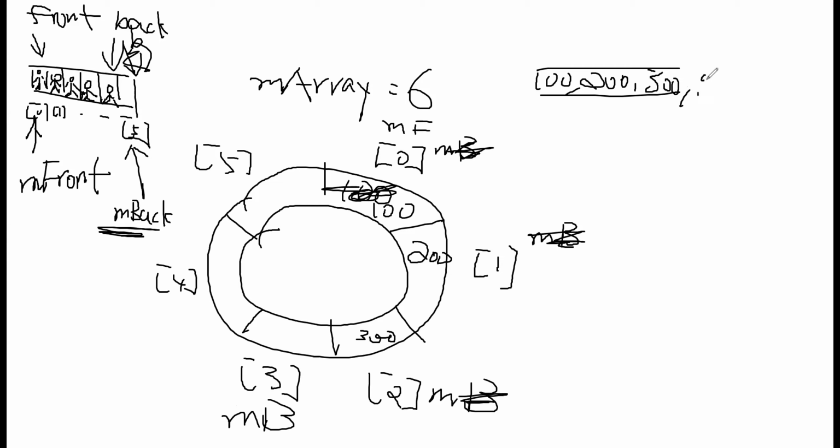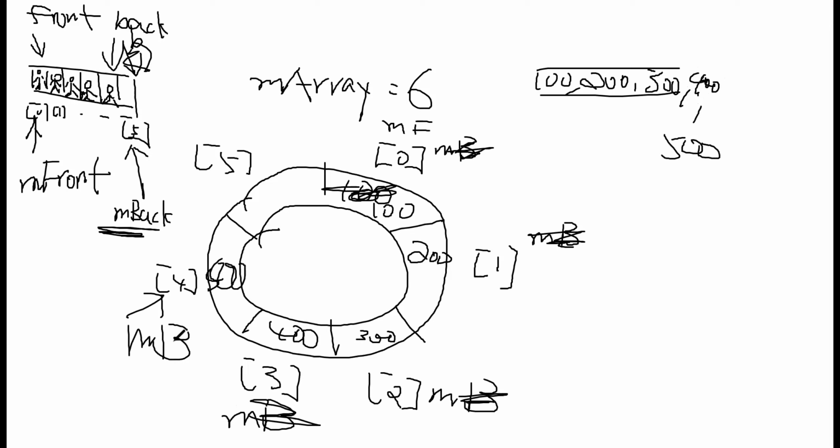And then I add 400, so 400 is added, and the back index is here. Then I add one more, 500, so the back index is then changed to 5. So now front is 0, back is at 5. Now my question is, can I add 600?